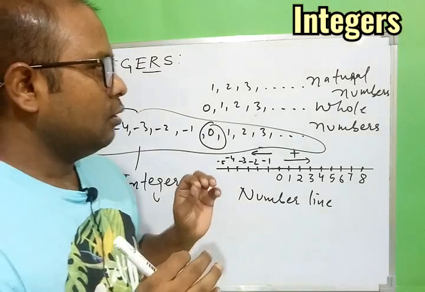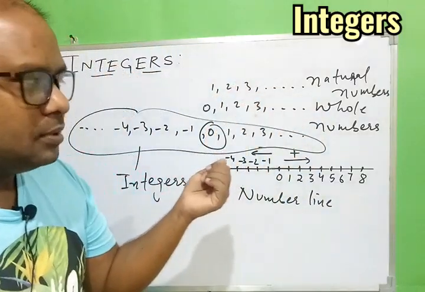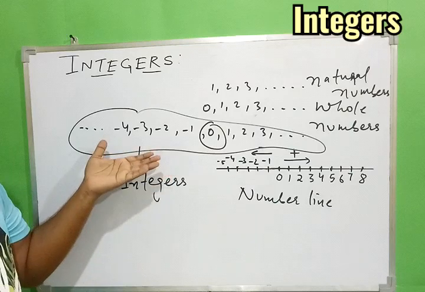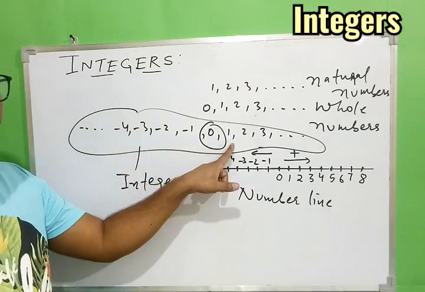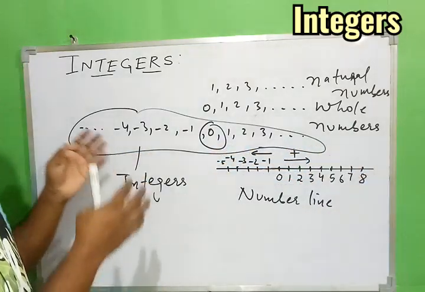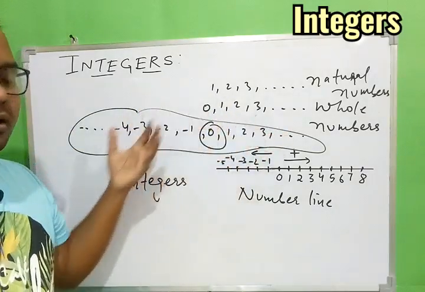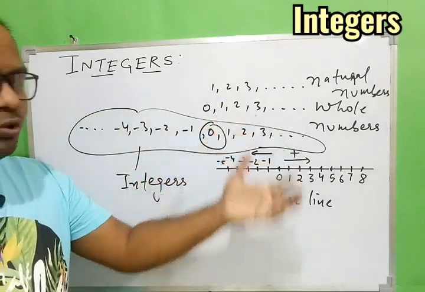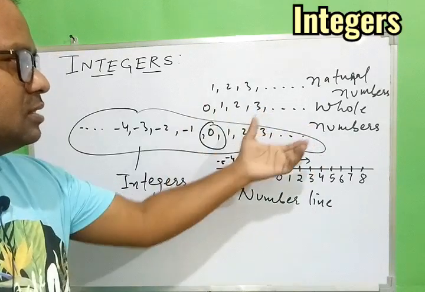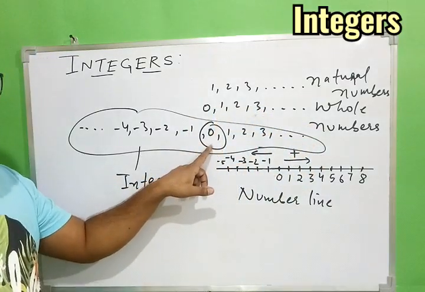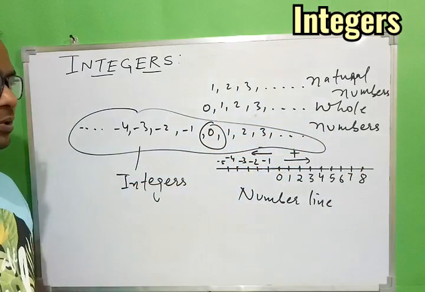So we can say even a natural number is an integer, because in this group of integers we are able to see the natural numbers 1, 2, 3, 4 and all. Whole number is also an integer. Yes or no? All the whole numbers are integers, because you can see in this group we have 0, 1, 2, 3, 4. Yes or no?